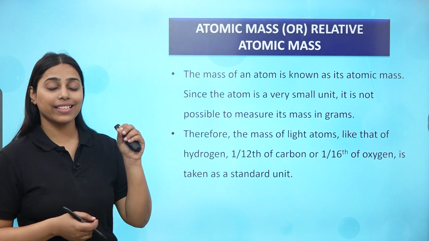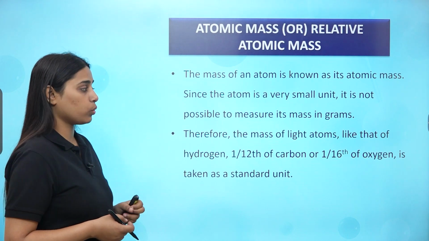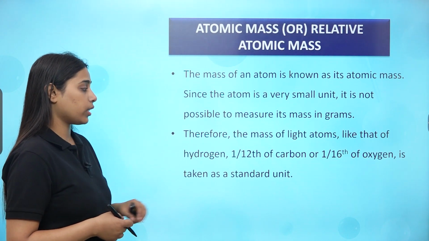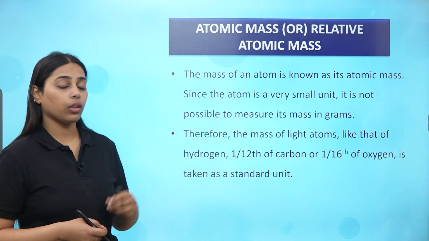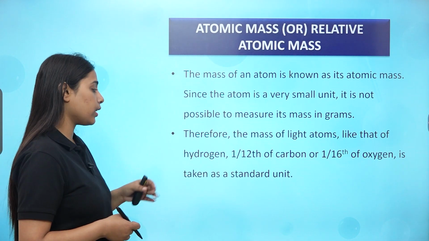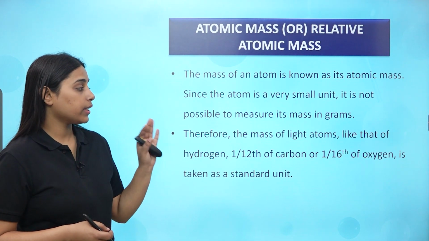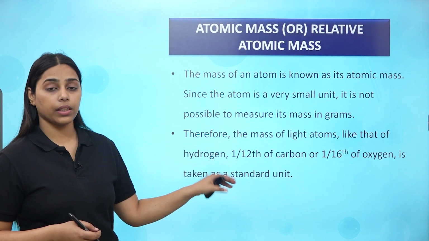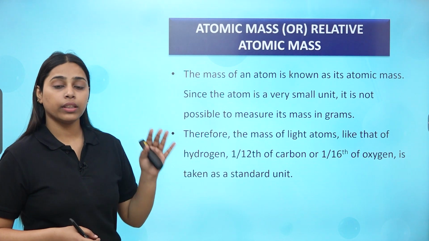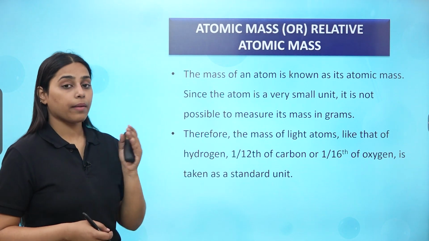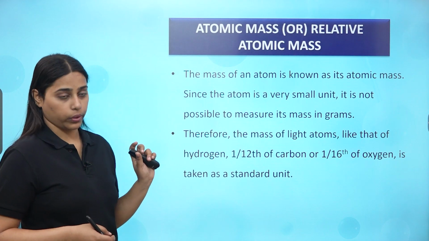Therefore, the mass of these lighter elements or atoms only, like that of hydrogen, 1/12 of carbon or 1/16 of oxygen is taken as the standard unit. So they are measured in terms of either carbon or oxygen. But the masses which you know today are measured in terms of carbon only.